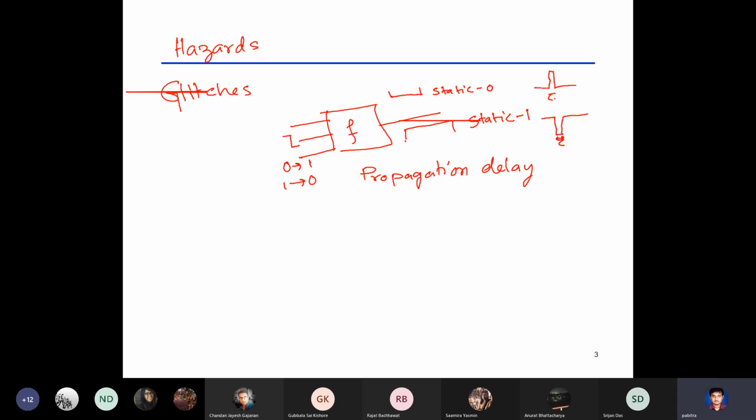Usually in a synchronous circuit you don't have a problem with this type of glitch. Also, we studied the fundamental mode. That means after one input change, the second change doesn't happen until the output is stabilized. These glitches are not stabilized.